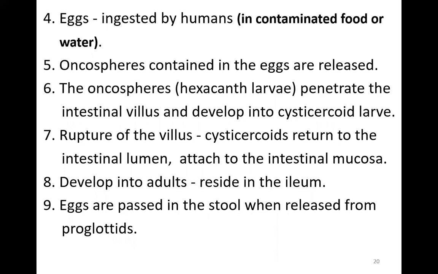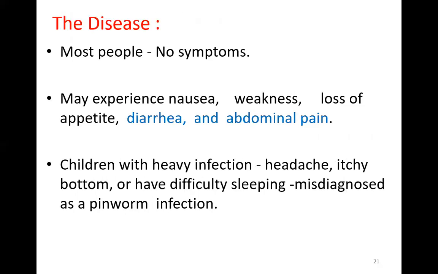On rupture, the cysticercoids return to the intestinal lumen, attach to the intestinal mucosa, and develop into adults and reside there. Proglottids are produced, they get mature, they get gravid, and eggs are produced and passed in the stool when released from the proglottids.